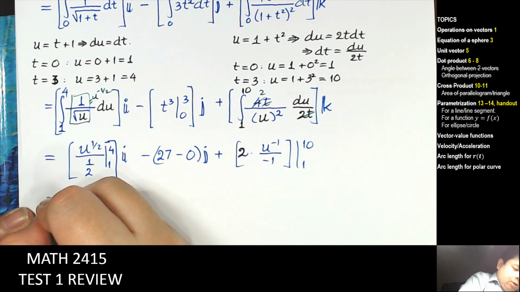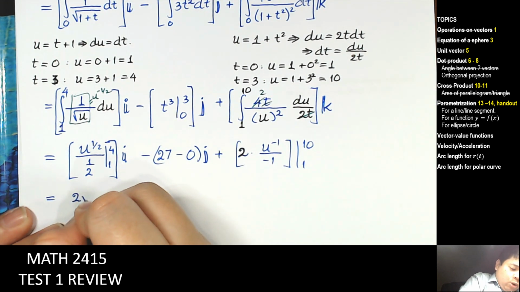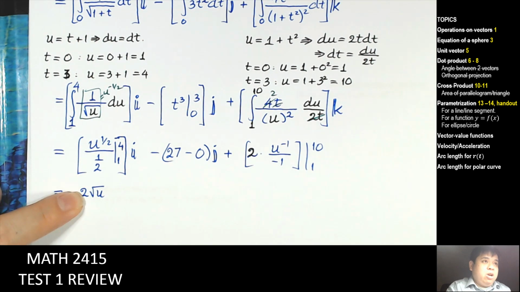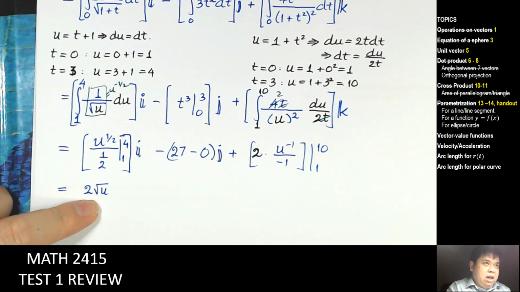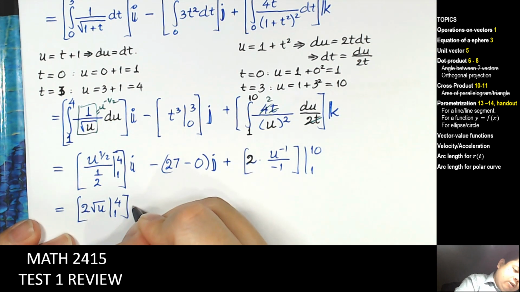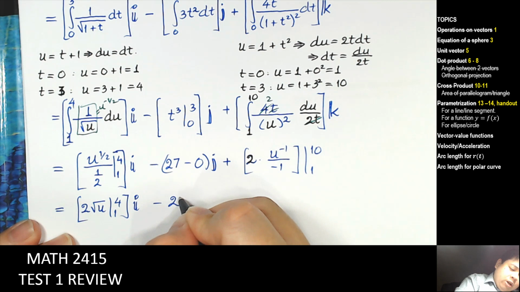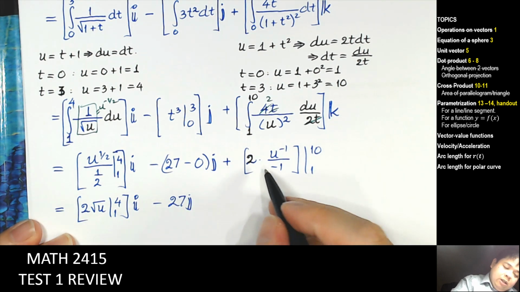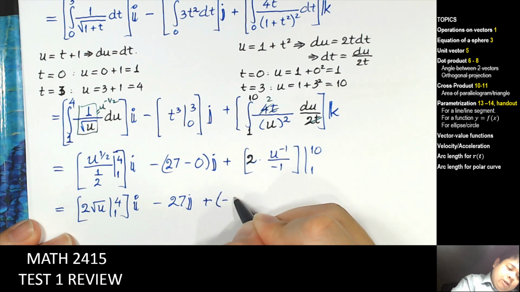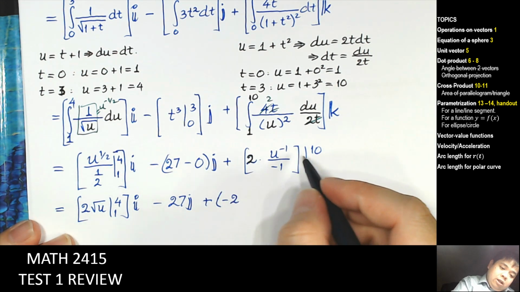Right. So this is just 2 square root of u. Divide by 1/2 is multiply by the reciprocal. So that is 2 u to the 1/2, that's square root, 1 to 4, i minus 27j. This is just negative 2 u to negative 1.